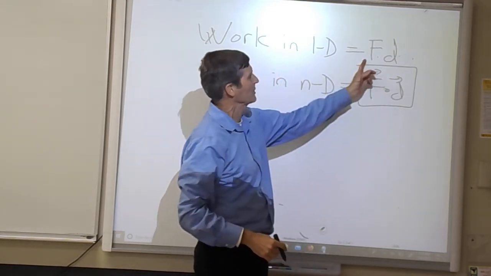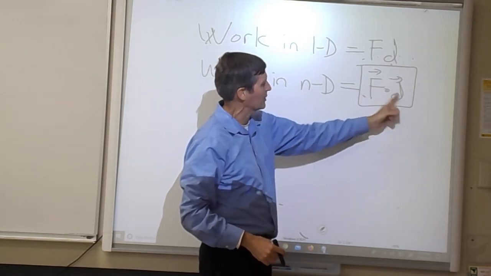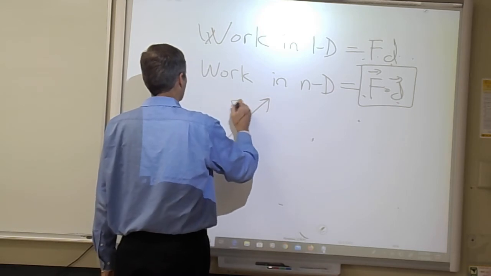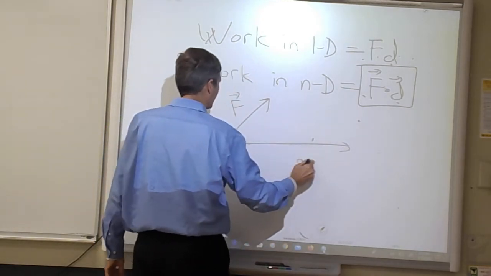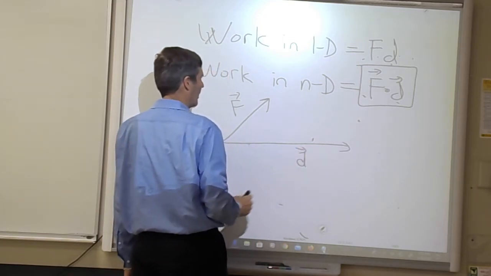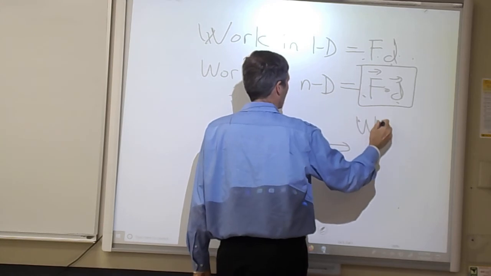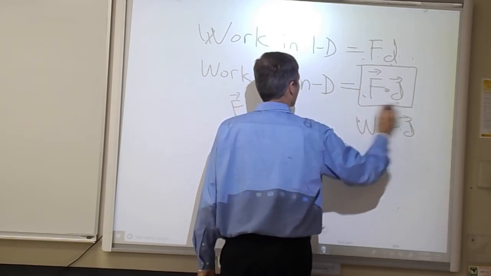In one dimension it's force times displacement, but in more dimensions it's force vector dot displacement vector. In other words, if I take a force vector here, and I move an object here, work is force dot displacement. I should have boxed it here, I suppose.